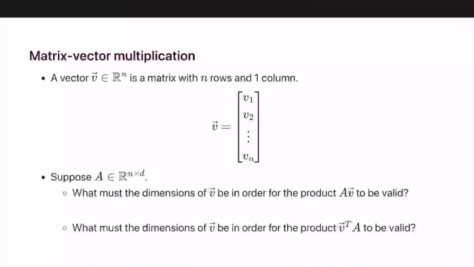Okay, so let's go ahead and talk about this idea of matrix vector multiplication. What we mean by that is we have right here V, which is a column vector, and we want to begin to think about different ways to understand matrix vector multiplication. So in this case, V is this vector, and it's n rows by one column, so we call this a column vector.